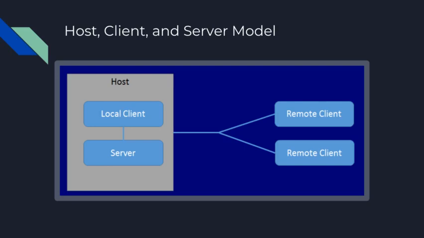Then your host machine will reach out and connect to other clients. This necessarily isn't always the best way to do it. You can have a dedicated server and everyone else can be a client, but it's good enough for us right now. Some situations where you don't want that are maybe an FPS, where the host might have a faster connection and less lag. But for us, it'll be just fine.